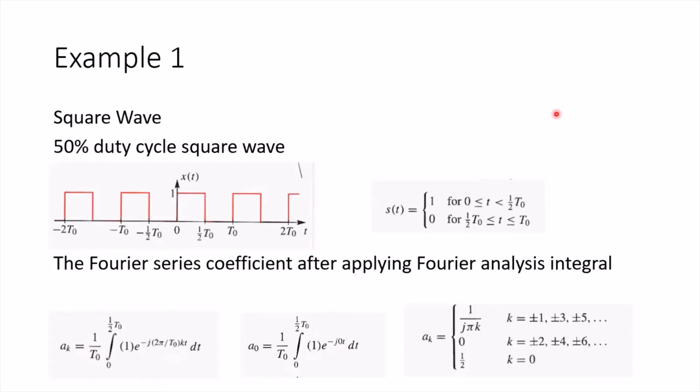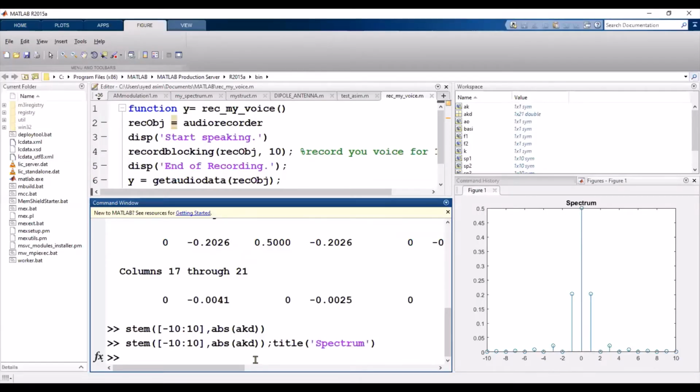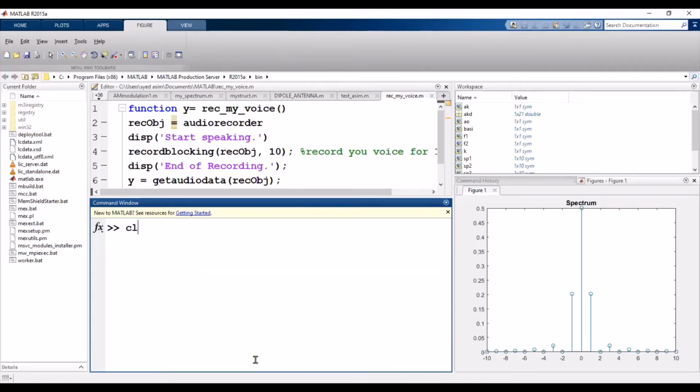Let's start. I'm sharing my MATLAB screen with you, and that is my MATLAB screen. First I use clc to clear the screen and clear all variables. I need the symbolic variables T naught, t and k.